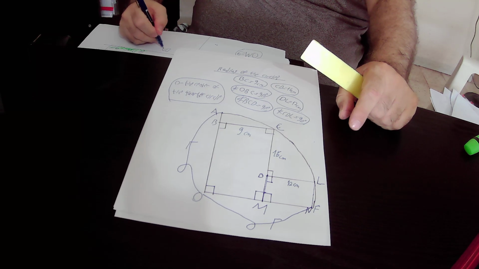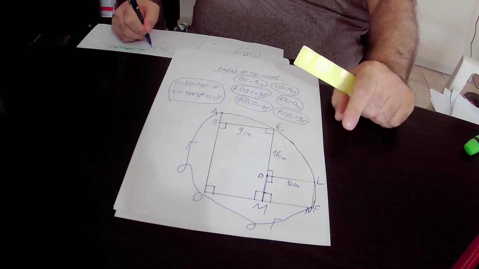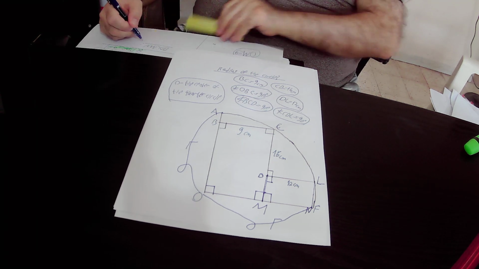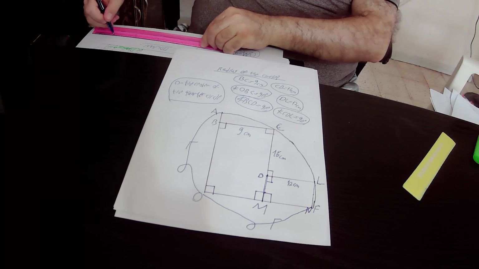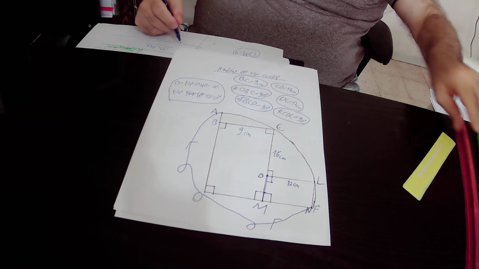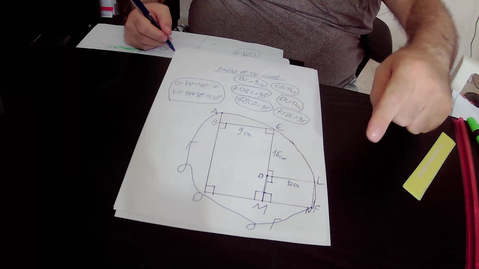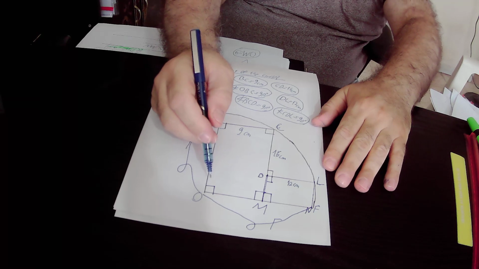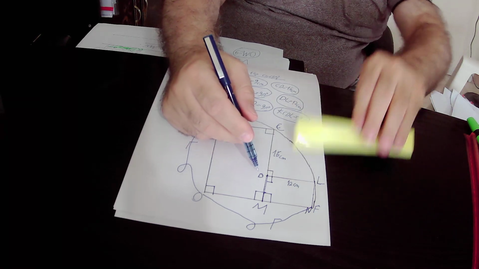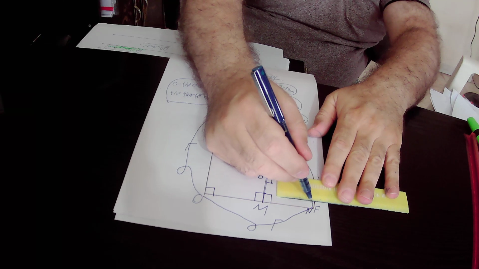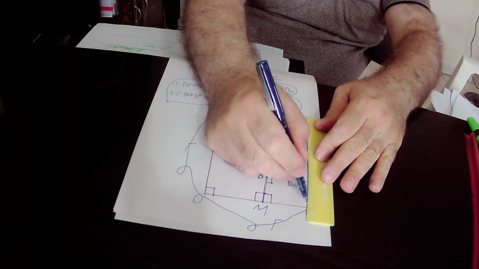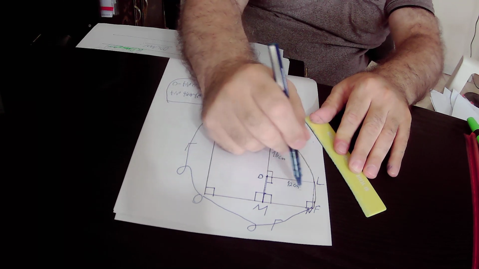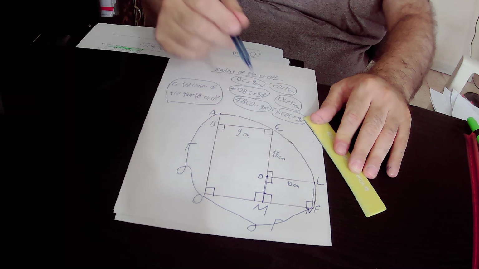And inside quadrilateral DLMN, we drew a perpendicular from point L on OF, therefore this angle equals 90 degrees according to our construction.